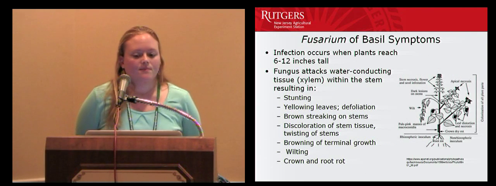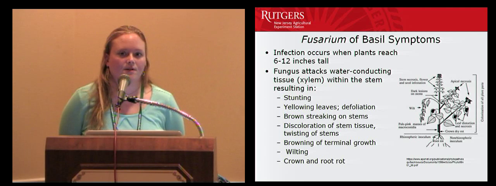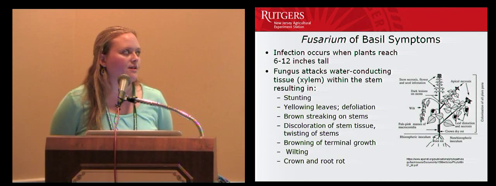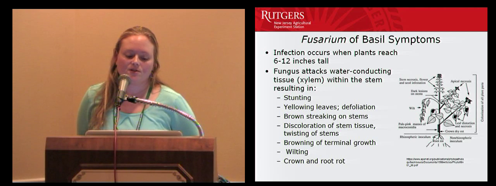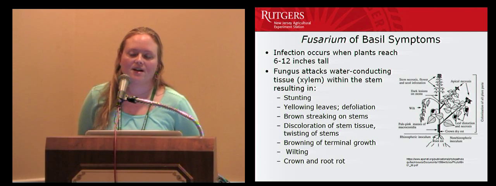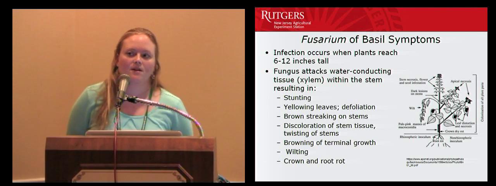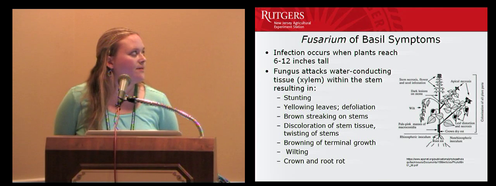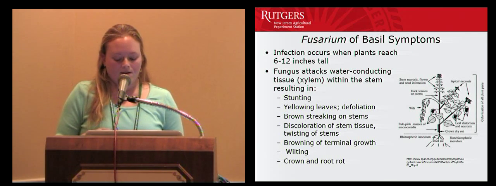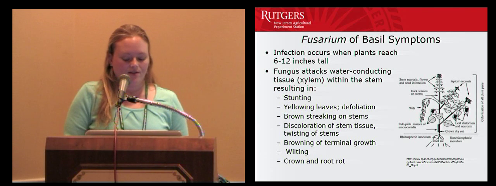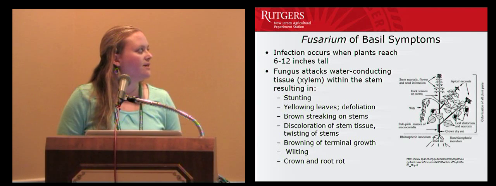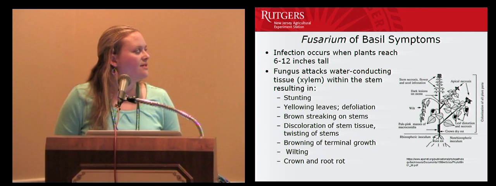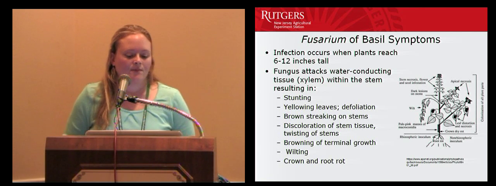So the main symptoms, as growers have seen in the field, is wilting, and this occurs from the fungus attacking the water conducting system of the basil plant, which is the xylem. And once this is clogged, it results in several symptoms, most notably stunting and wilting.